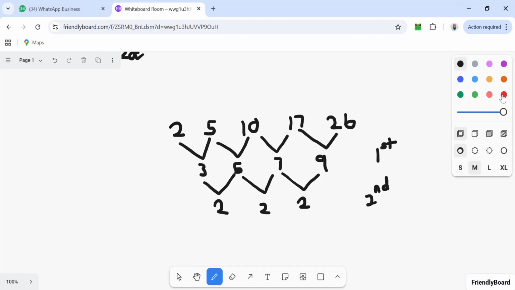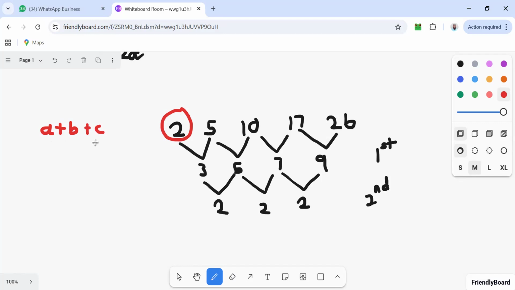Now we are going to apply our rules. The first term of a quadratic number pattern, which I am circling there in red, we get it by applying the first rule that I gave you, which is a plus b plus c.